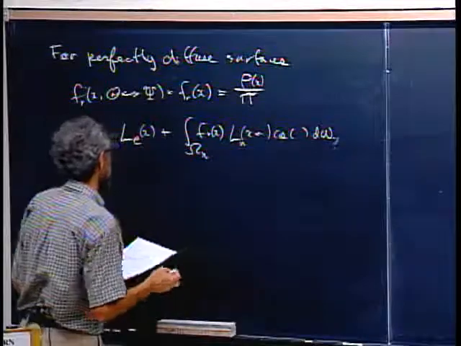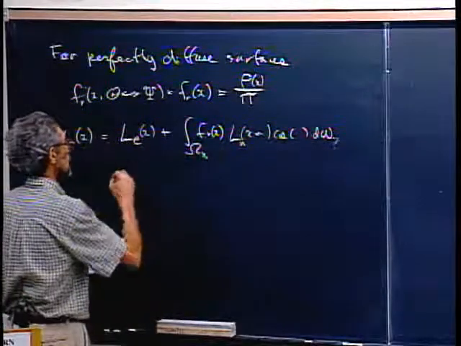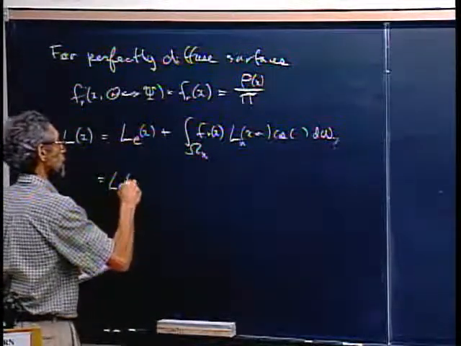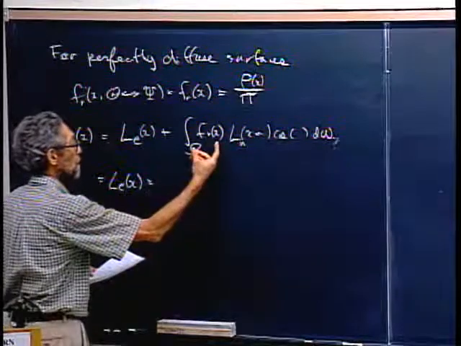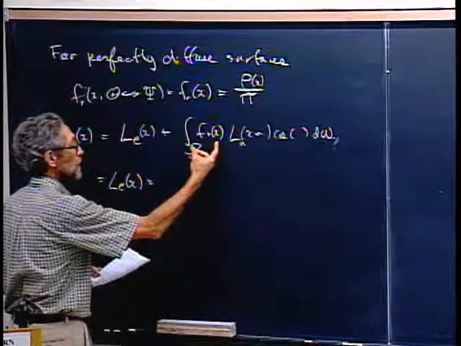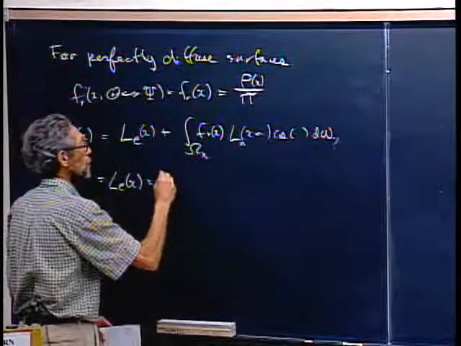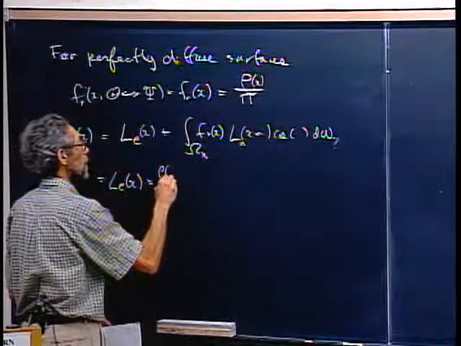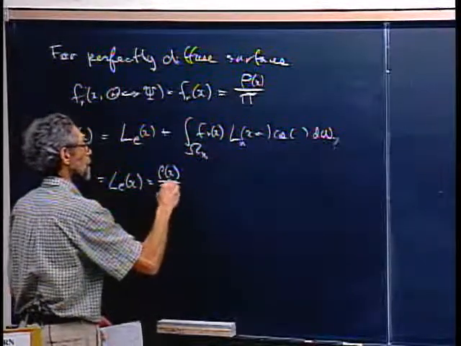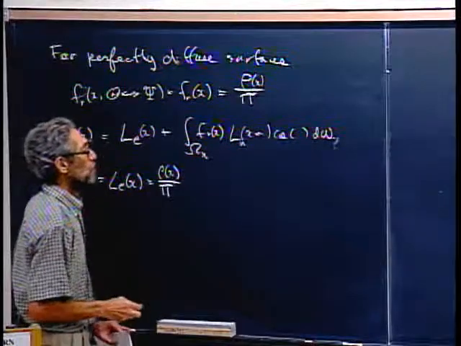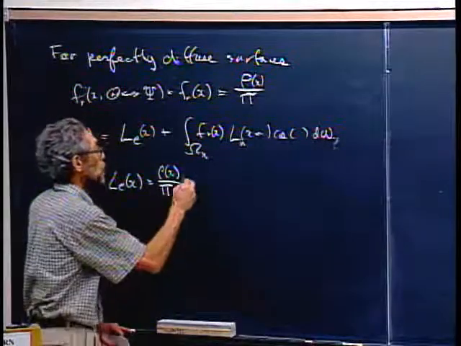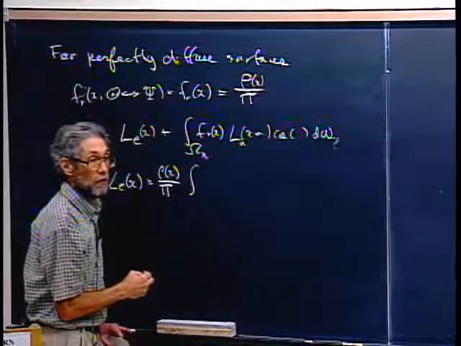Now, I'm going to write the next formula, bringing this constant outside the integral because it doesn't depend on angles. And then I'm just going to change this to an integral over the surfaces.